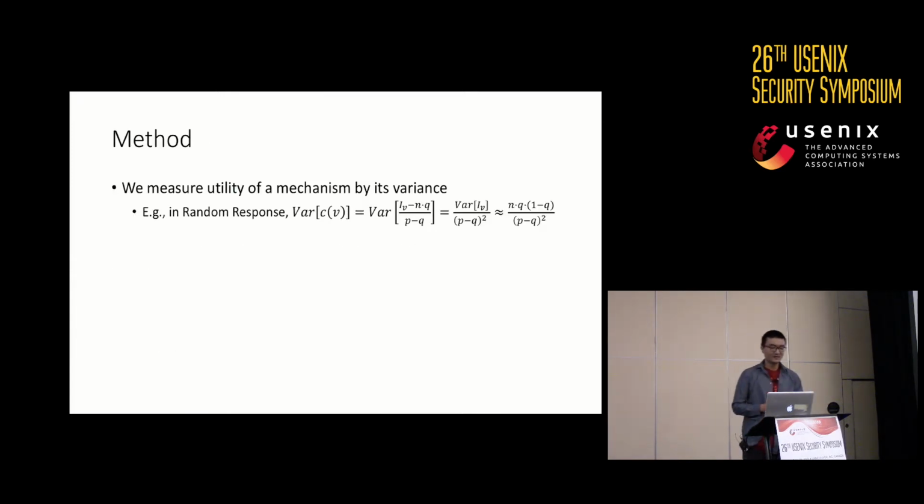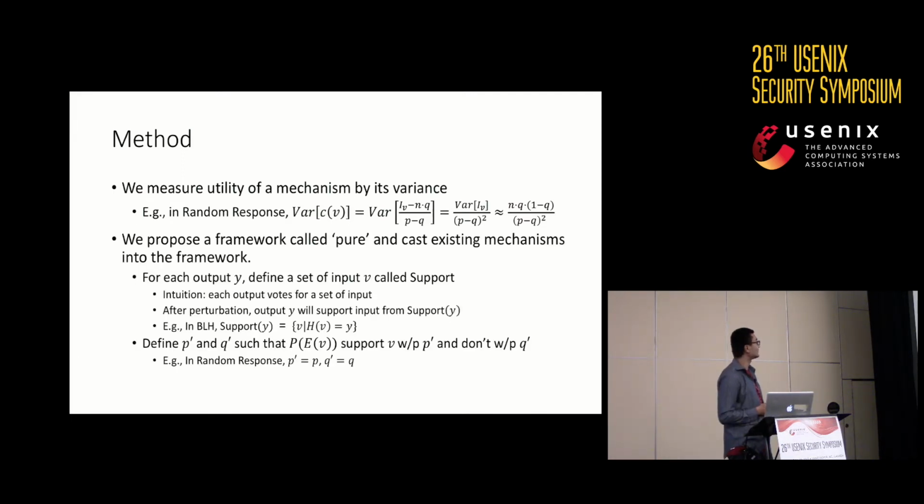To optimize different protocols, we first measure the utility of each mechanism by its variance. Since this estimation is unbiased, variance will be an important metric. We propose a framework called Pure. Intuitively, for each output Y, there will be a set of values V called the support.